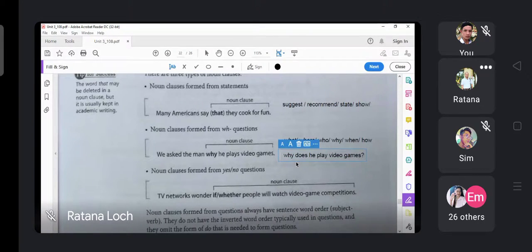So this is just an independent question. Okay, so you can say no need to add independent clause or dependent clause anymore because it's just a direct question. Why does he play video games? Why do you do that?